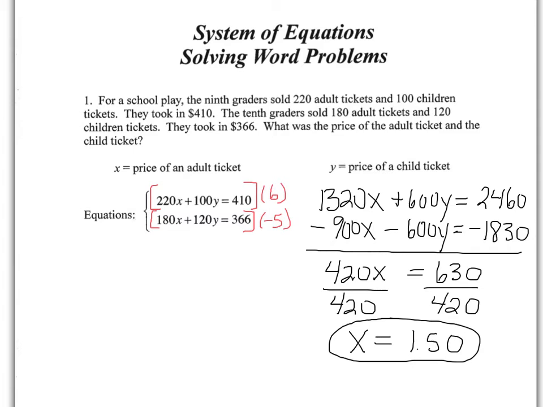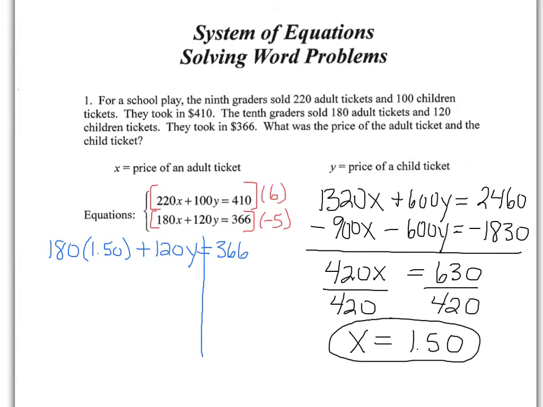So let's plug $1.50 in for x in the bottom equation. So my bottom equation would be 180, and instead of x, it's going to be times $1.50. I'm still going to have a plus 120y, and it's going to be equal to 366.